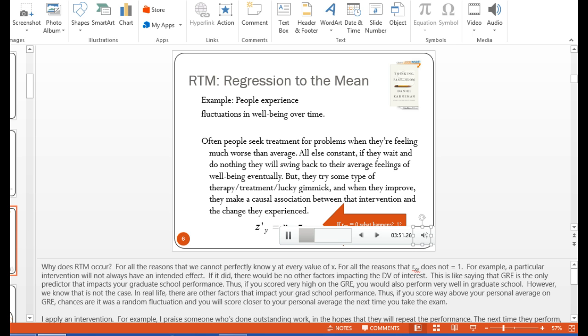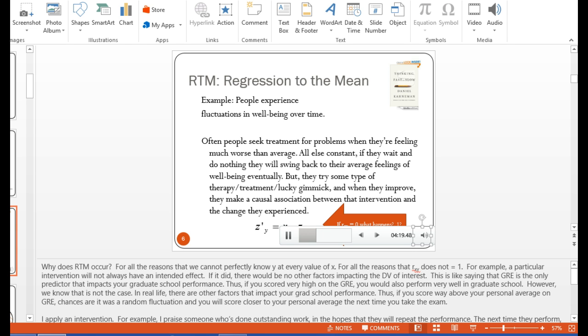So another example is along the lines of the illustration we have been using, this GRE and GPA. So let's say in an ideal world, or actually it wouldn't be the best, that GRE was the only predictor of GPA. So we have a correlation of 1, which would be, wow, we can predict. However, that's the only thing that affects your graduate school performance, this test.